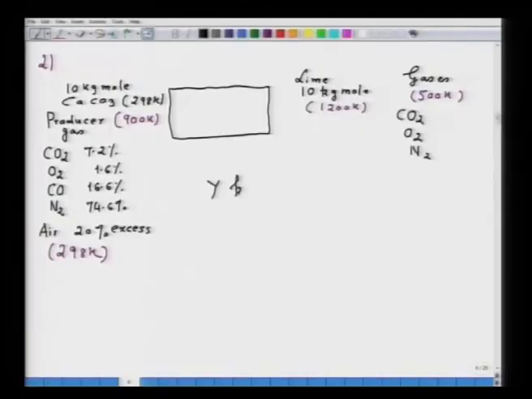So, coming back to this problem, let us say y kg mole is the required producer gas. Now, first of all, we have to calculate the calorific value of producer gas. The illustration of calorific value I have also given in the earlier course on fuel furnace and refractories.